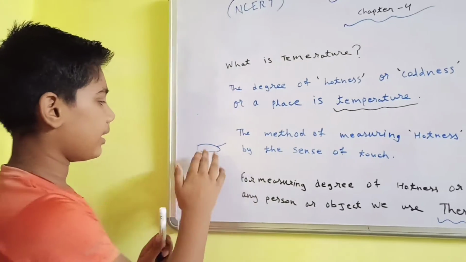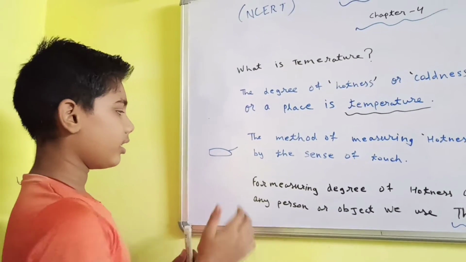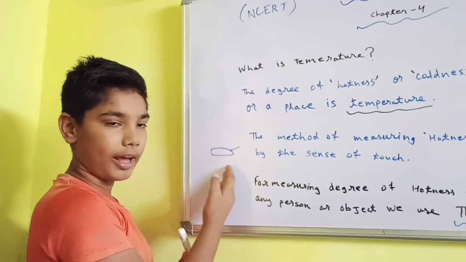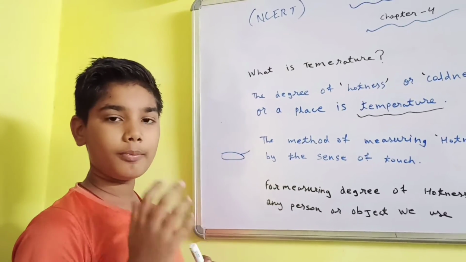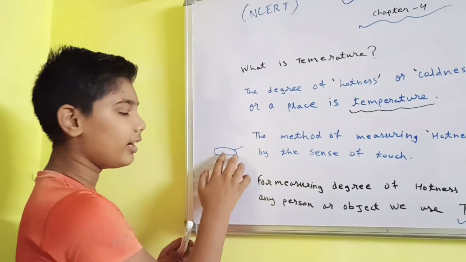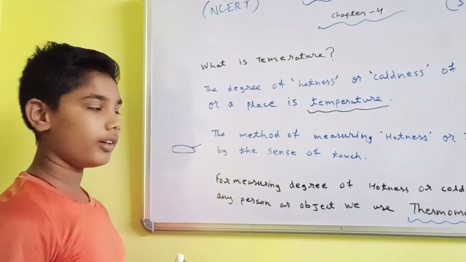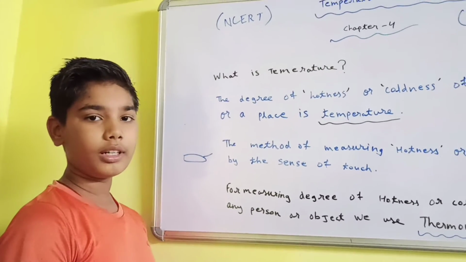And how do we use this method? By touching any object or any person. Like in the example I have given, if you touch this frying pan, your brain will command you to remove your hand fast, so you will remove it. Like if you see boiling milk and you try to touch it, it will burn your hands.